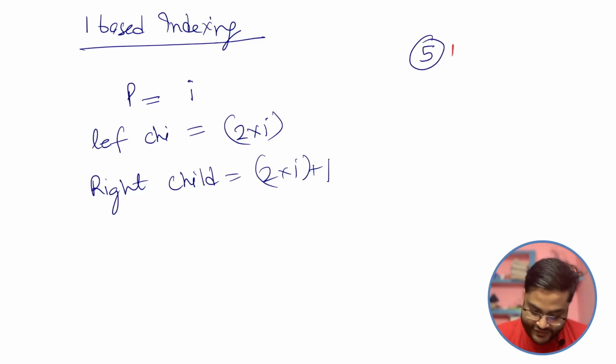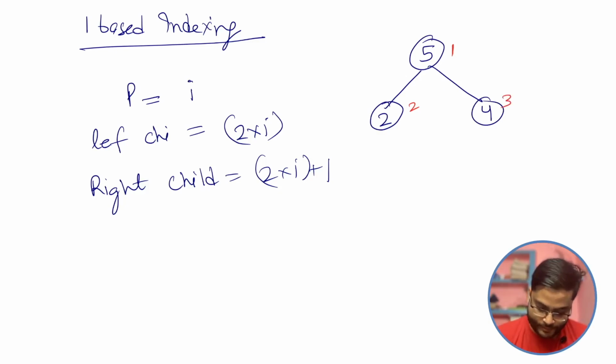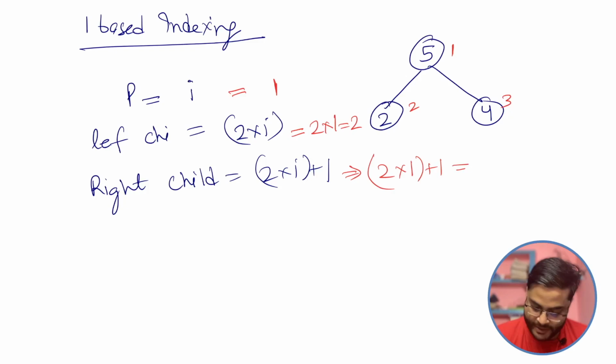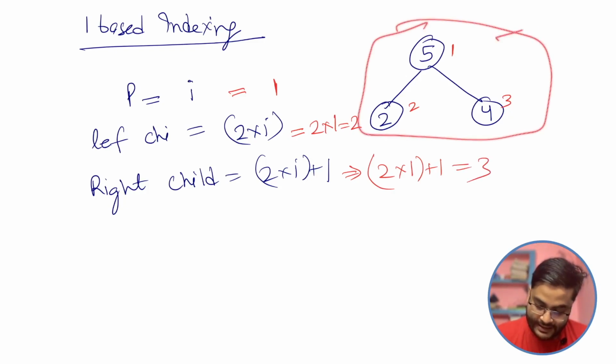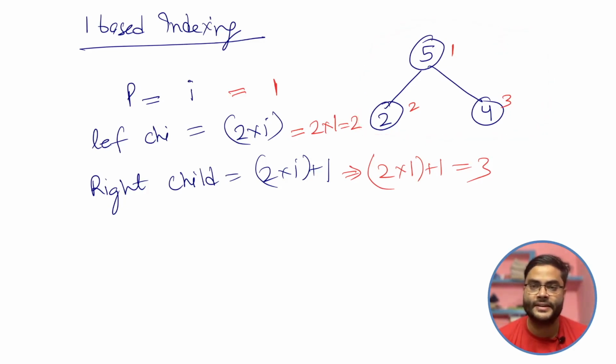Now its left child, let's say 2, will be at index 2, and the right child, let's say 4, will be at index 3. So if you put the value of I as 1, the left child will be 2 into I, that is 2, and the right child will be at 2 into I plus 1, that will be 3. Okay, so this will be our tree for one based indexing.